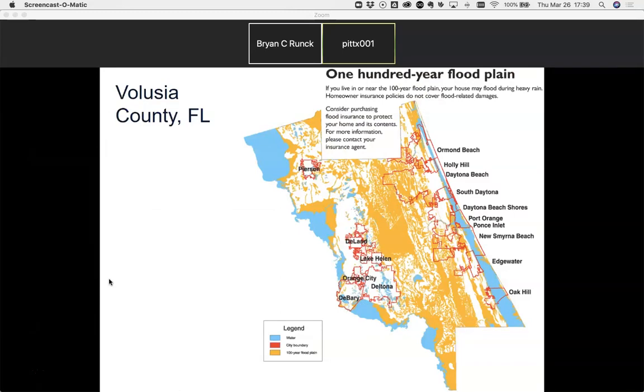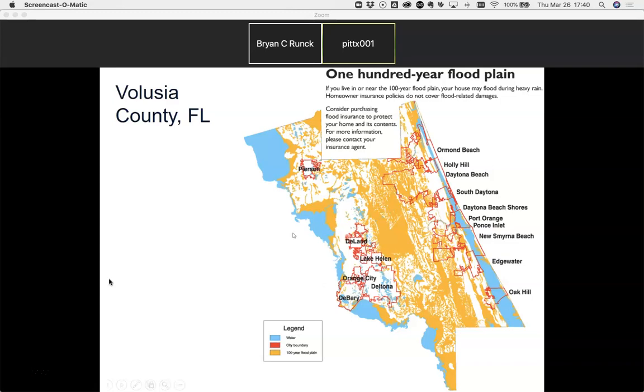These kinds of maps are produced for various communities around the country. This is the 100-year floodplain map for the area around Daytona Beach in Florida. And you can see that the map identifies clearly those portions of the landscape in orange that are included within the 100-year flood, that are inundated by precipitation and flooding occurring once every 100 years.